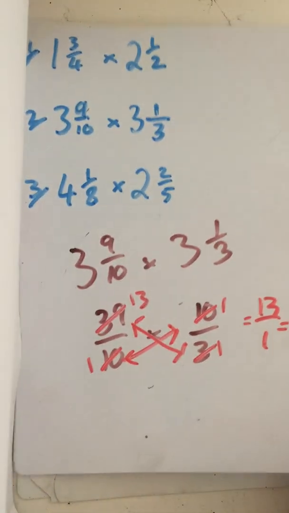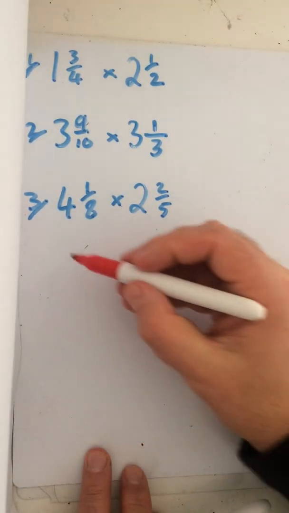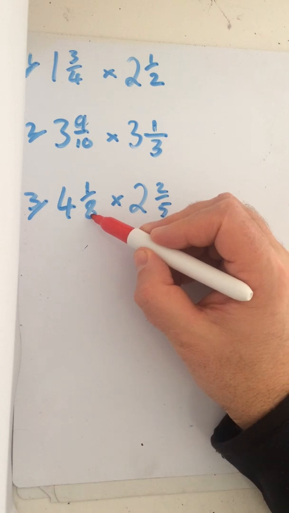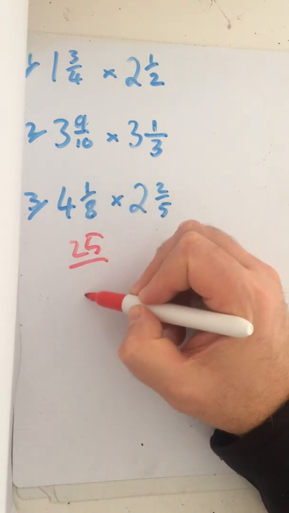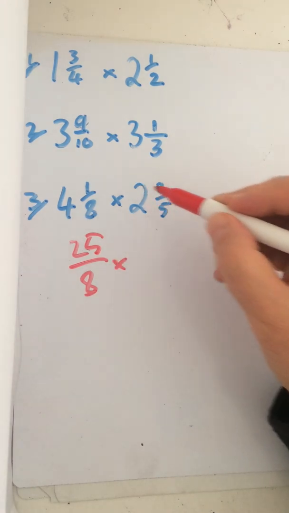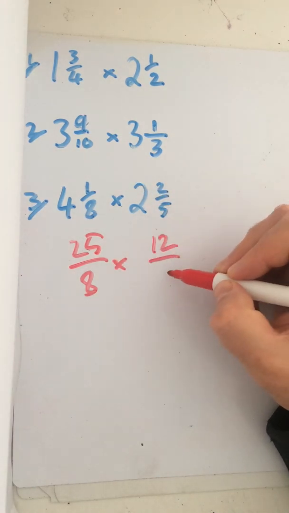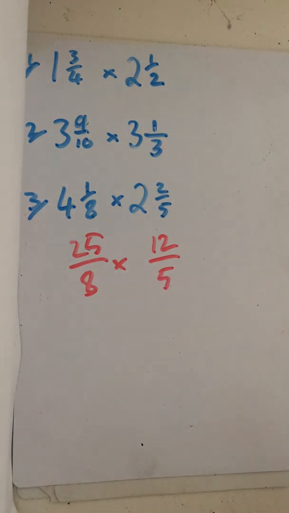There it is. Okay. Right, so we look at the last one. So again, the first thing we can do, put them into improper fractions. 24 and 1 is 25 over 8 times 2 5s are 10 and 2 12 over 5. Again, good opportunities to cross simplify.